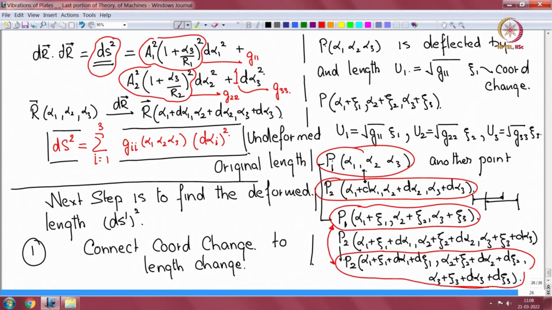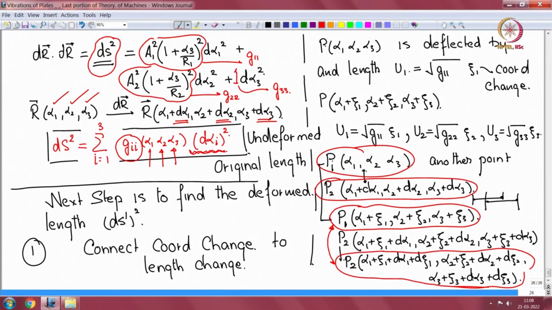Please remember, when we have alpha 1, alpha 2, alpha 3 and d alpha 1, d alpha 2, d alpha 3, the distance between the two is g_i measured at alpha 1, alpha 2, alpha 3, and the differential comes here as a square.